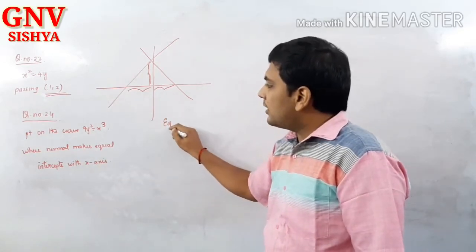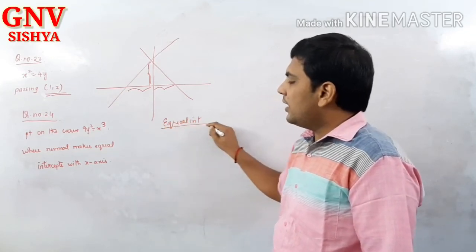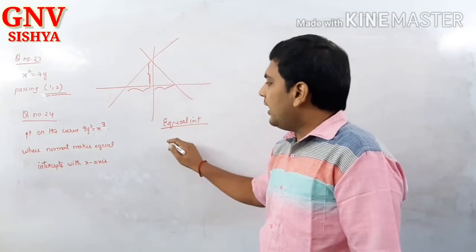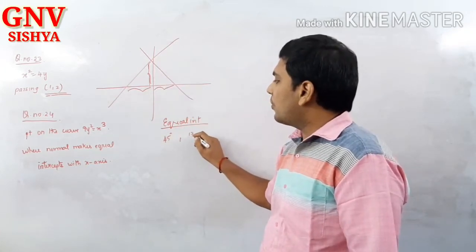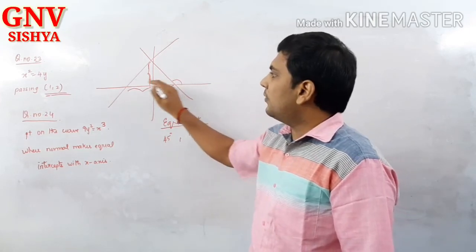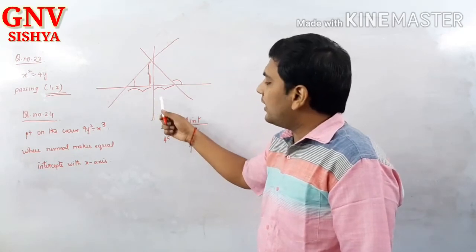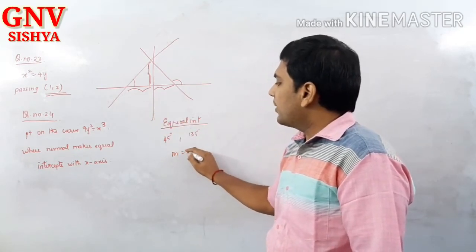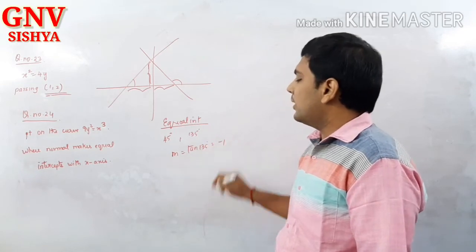So when we hear the word equal intercept, please listen. Either the line might be of 45 degrees or 135 degrees. See, this is 135 degrees, this is 45 degrees, correct? But when it is 135 degrees, what is the slope, Kana? Tan of 135 degrees will be equal to minus 1, correct?